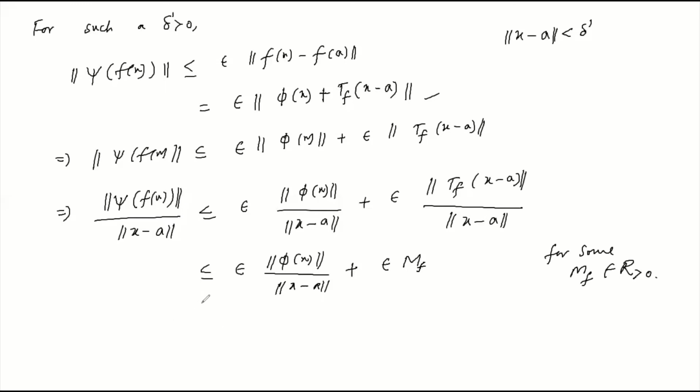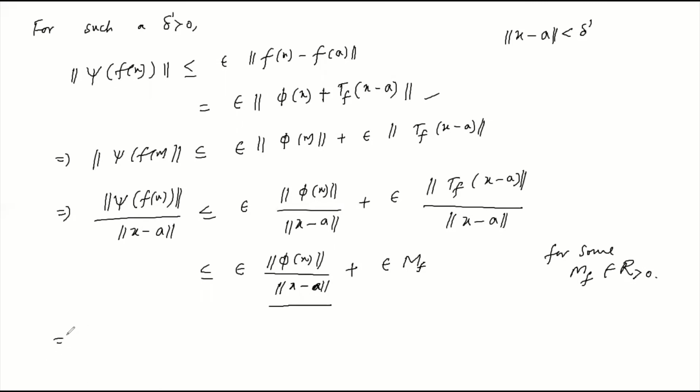Now equation number 4 implies that the limit as x tends to a of norm of phi of x over norm of x minus a is equal to 0. And epsilon is arbitrary. Epsilon is an arbitrarily chosen positive number.